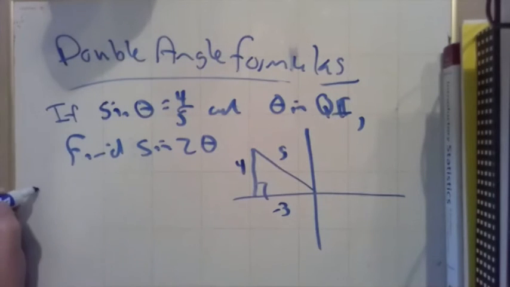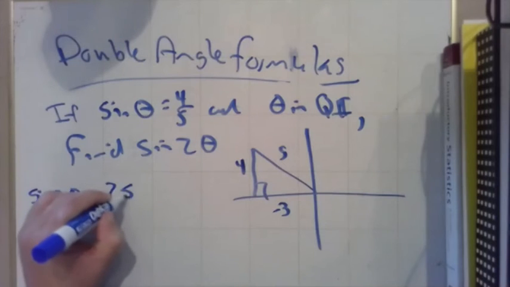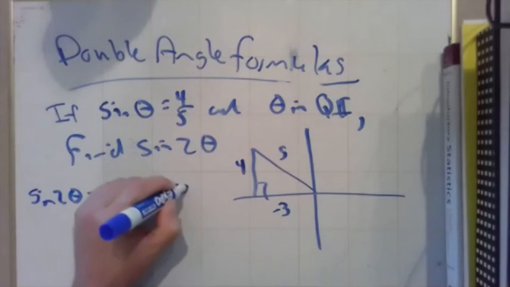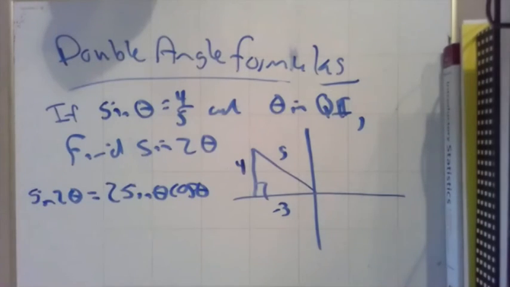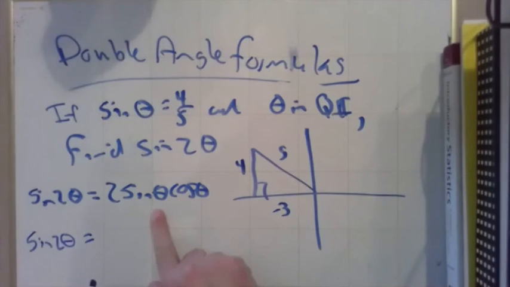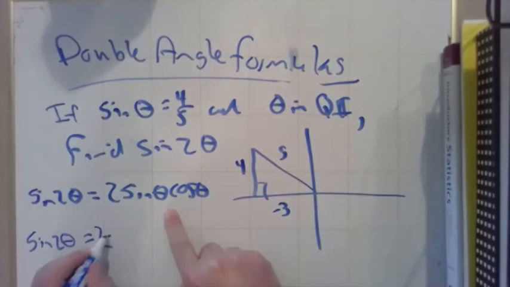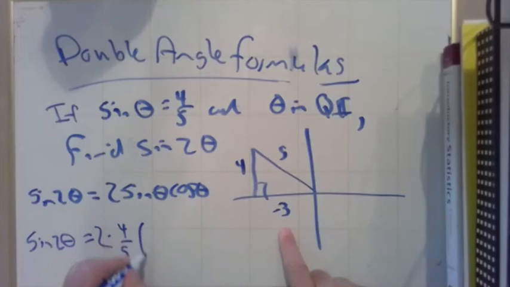Then sine of 2 theta, let's write down our formula, is twice sine of the original cosine of the original. So sine of 2 theta will be, there's my 2, sine of theta will be 4/5. Cosine of theta will be -3/5.